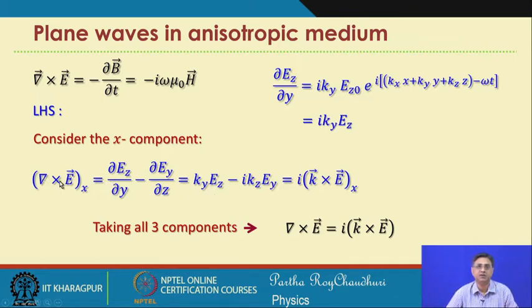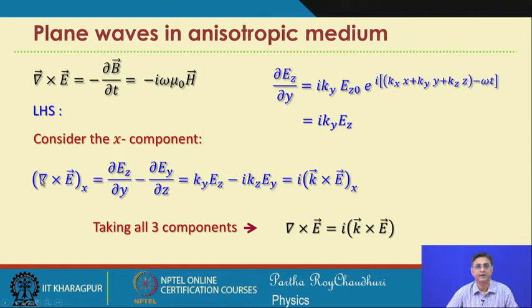So, in this case del cross E, if you take the x component, this will give you del E z del y minus del E y del z, which is equal to i k y E z minus i k z E y. So, i into the x component of k cross E, because this quantity can also be represented as k cross E. So, del E z del y gives you i k y E z.